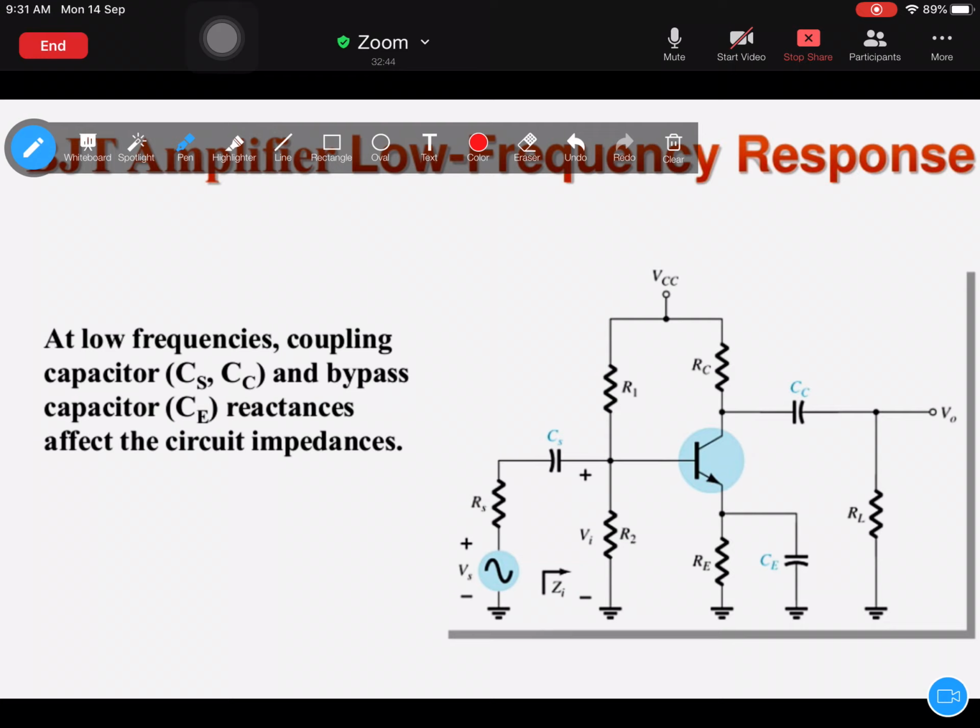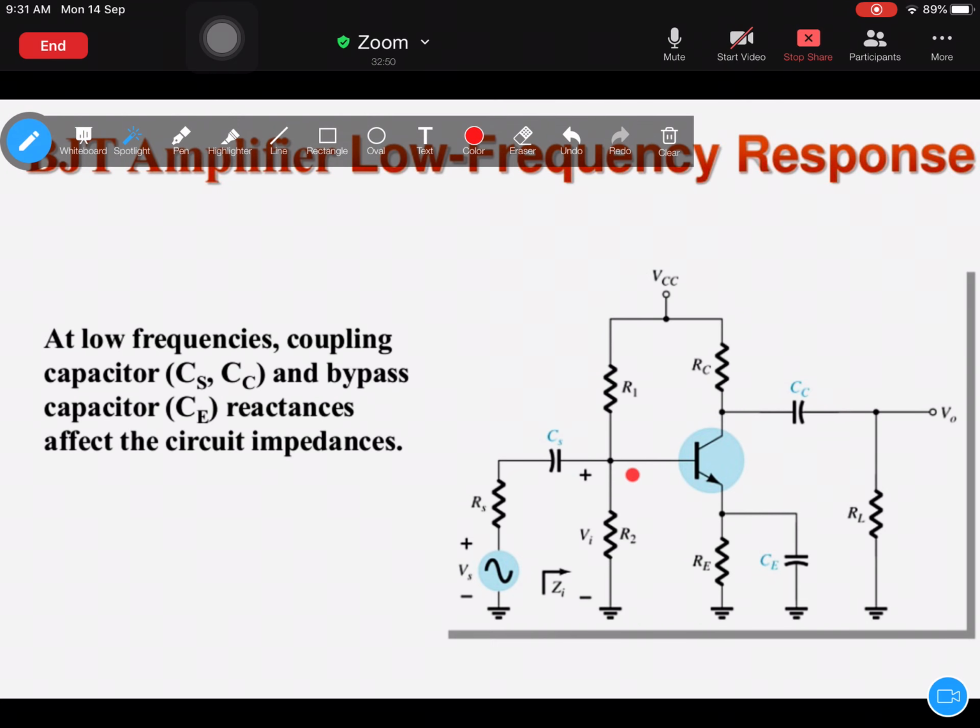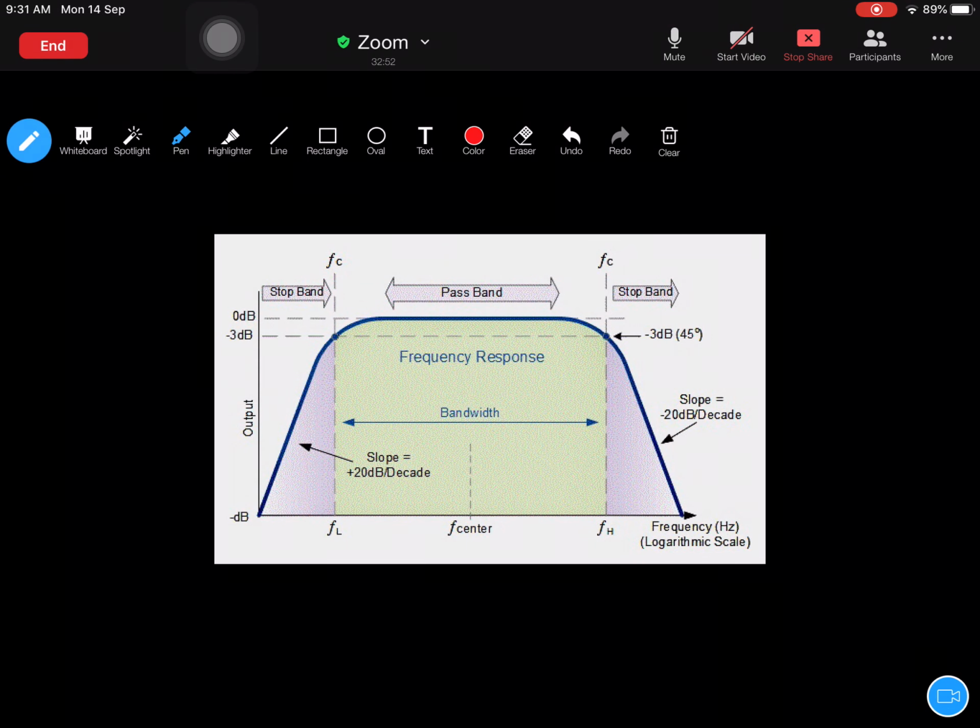Always remember, the effect of these three capacitors is negligible in mid range. That means when you are in the range from FL to FH, which is called the mid range of frequencies, the effect of those three capacitors will be very small.